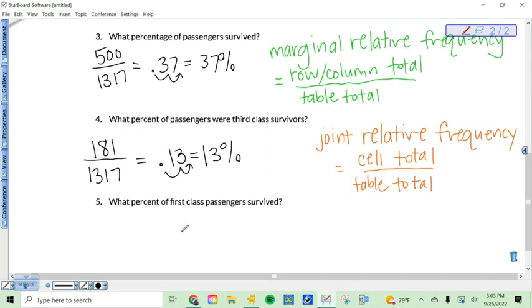And then last but not least, what percent of first-class passengers survived? What's my part over the whole? 201 over 324. What do I get as a decimal? Equals 0.62, which is, yes, 62%. Anyone want to guess what this is called? What's the last 2 words of it?